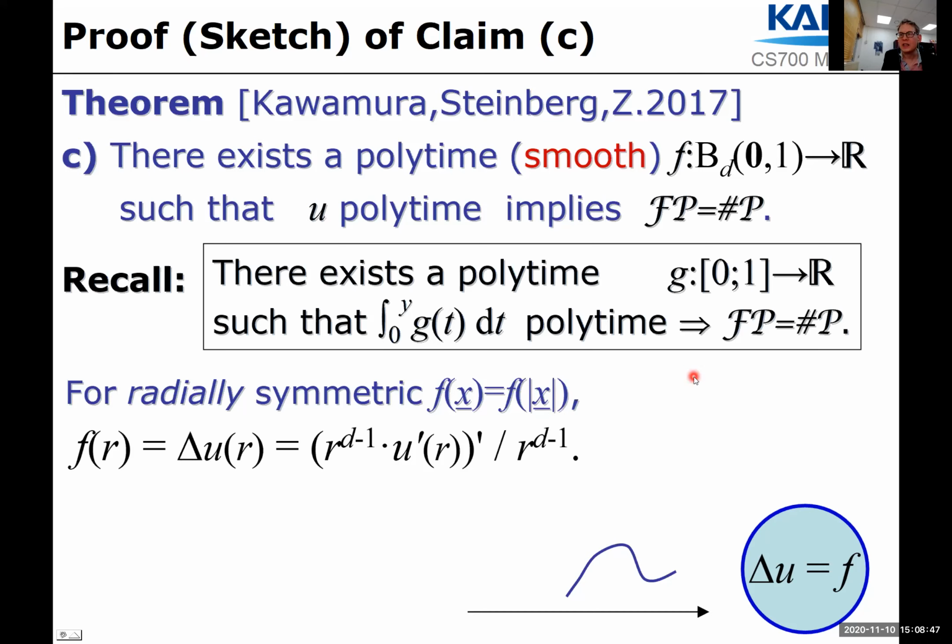And in this case, by symmetry considerations, the solution will also be radially symmetric, which makes sense because there's no reason or cause for possible symmetry breaking. Since both right-hand side and solution are radially symmetric, we're fortunate that the Laplace operator simplifies significantly.